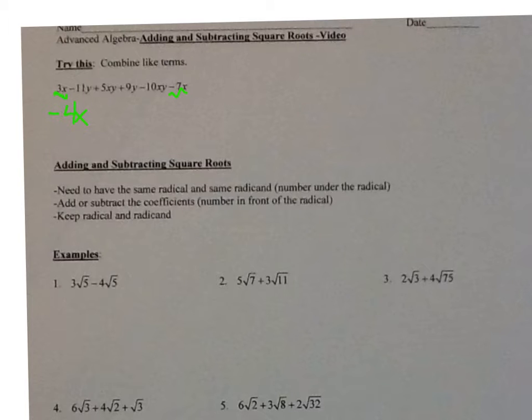And then I see here we have a negative 11y and a positive 9y. So negative 11 plus 9 is negative 2y. And then we have 5xy, negative 10xy. 5 minus 10 is negative 5, so it'll be negative 5xy.